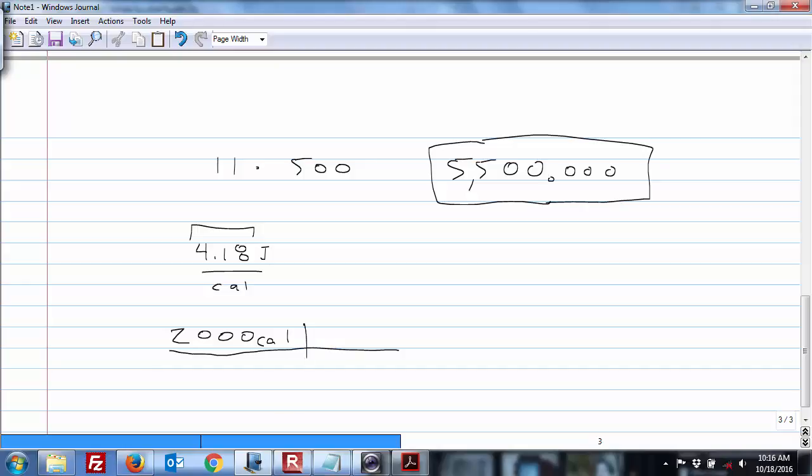And I don't know the number, I'm just gonna make this up. Let's just say it's 4.18205 joules per calorie. You can multiply the whole thing out, just go ahead and do it.